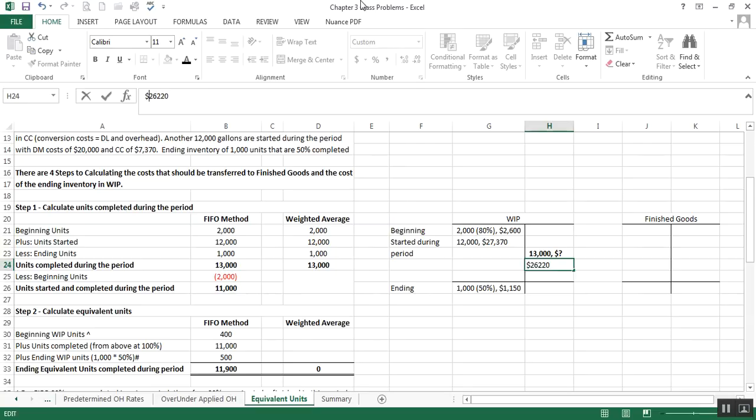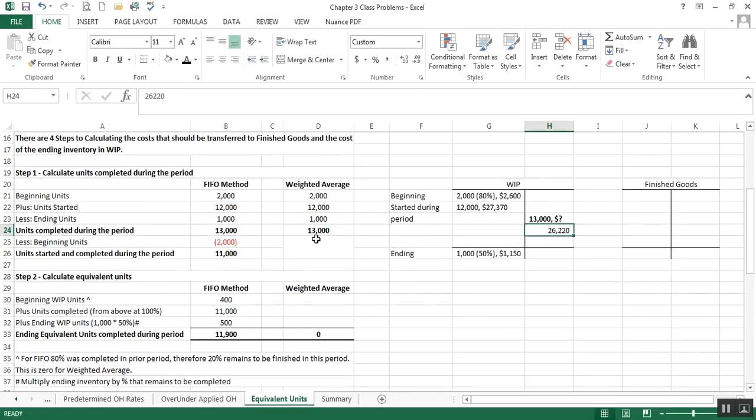Now let's look at under the weighted average and how it's different. Okay? So here, this part is not applicable. Okay? Whatever we completed during the period, we're going to assume that was started and completed during the period.